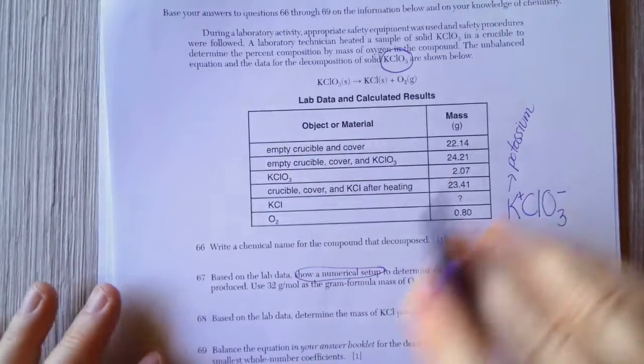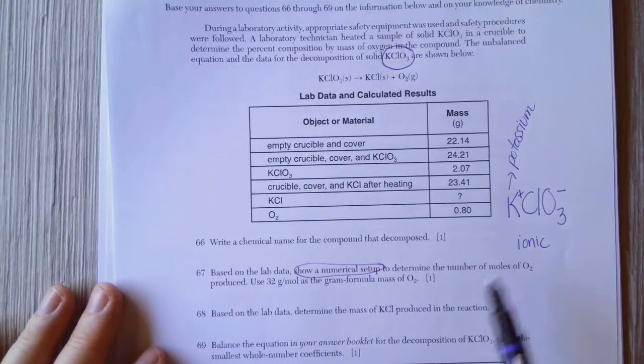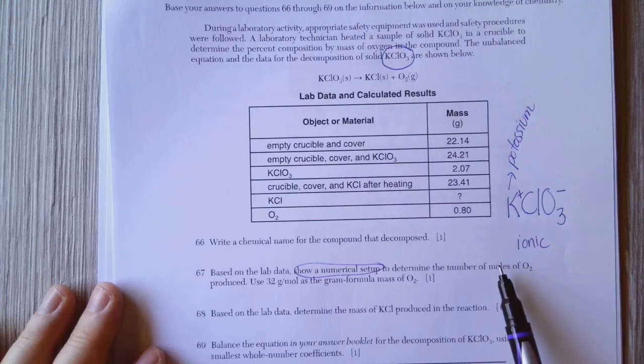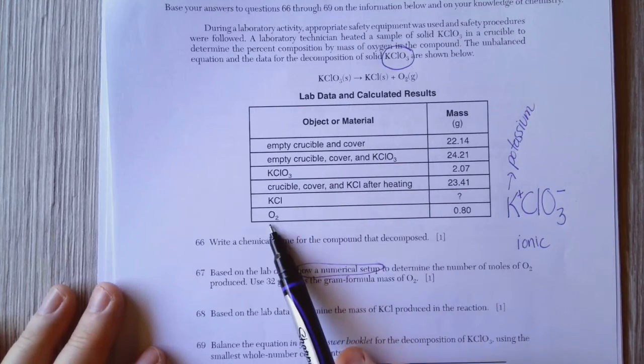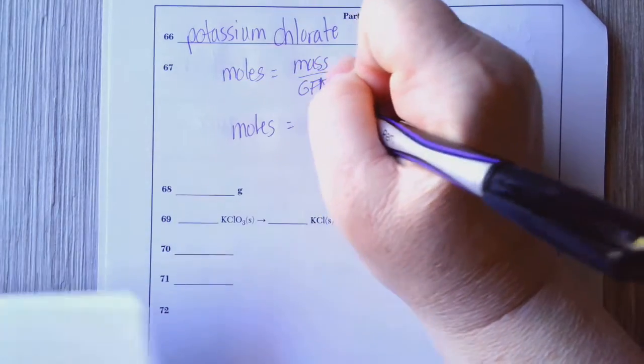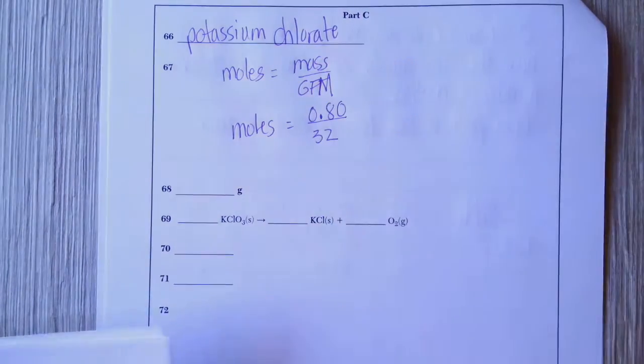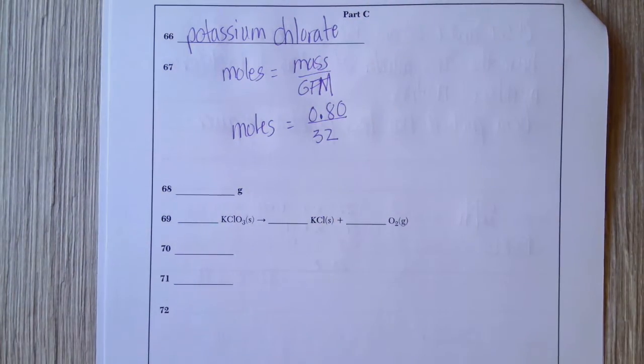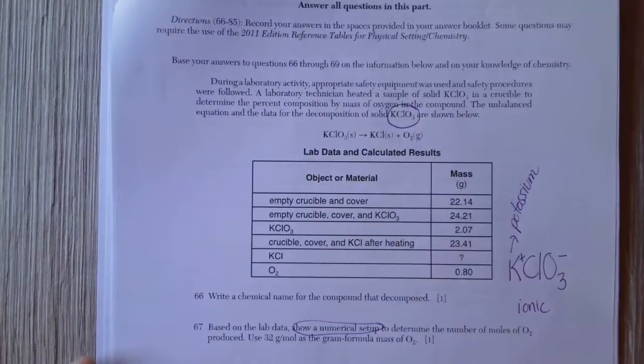So somewhere in my data, I need the mass of O2. And look, it's right here. O2 mass, 0.80. That's it. I don't have to do the calculation. I stop there. I do not have to put it in my calculator, because all it said was to show the correct numerical setup. All right.